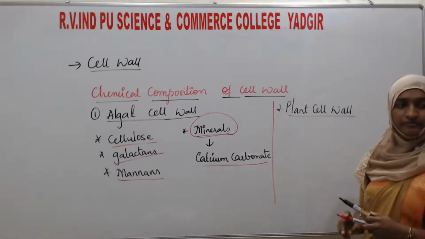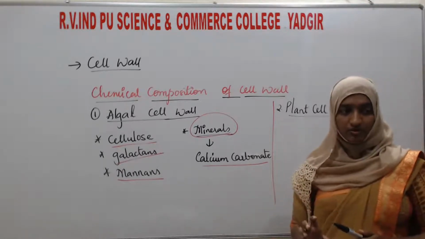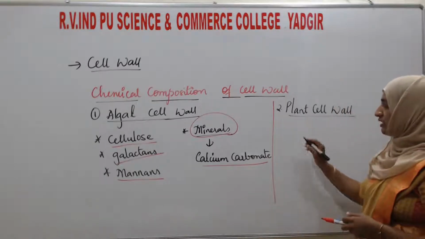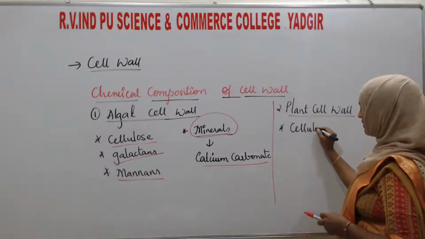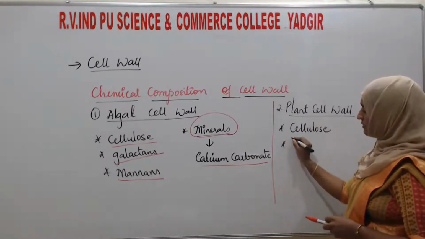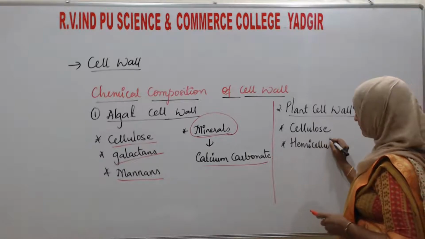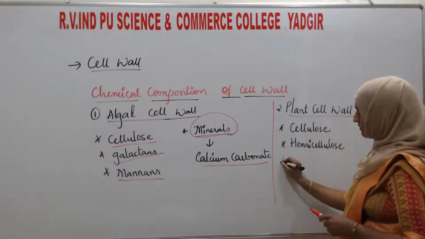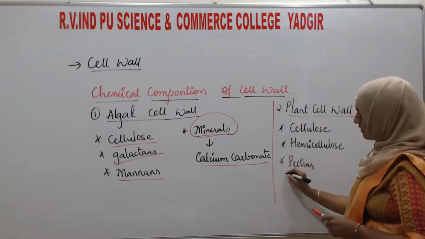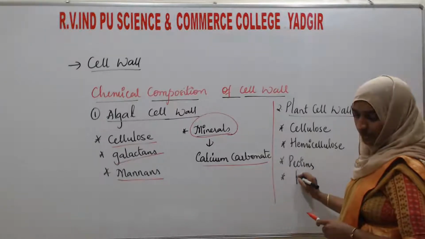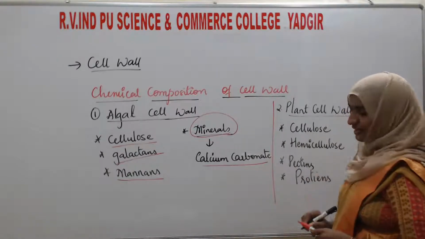Okay, here in this plant cell wall, what is the chemical composition of the plant cell wall? It is made up of cellulose, hemicellulose, pectins, and certain proteins are also found in this plant cell wall.